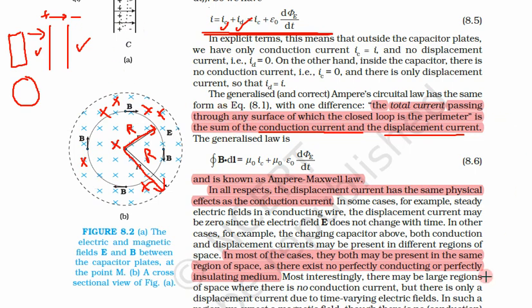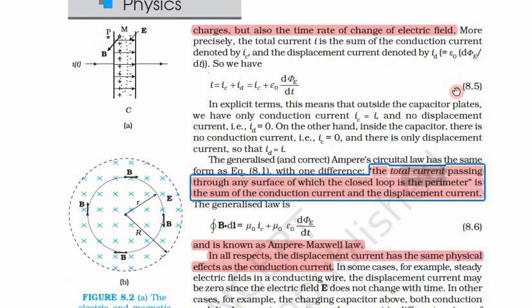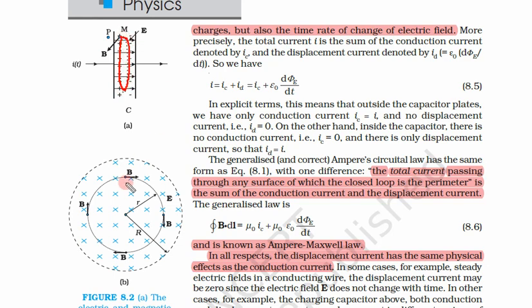So we have considered an Amperian loop inside the capacitor. This is our Amperian loop inside. This small r is the radius of that Amperian loop, and this capital R is the radius of the capacitor plate.